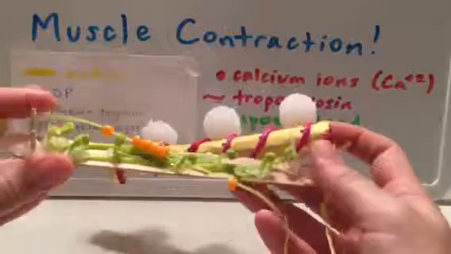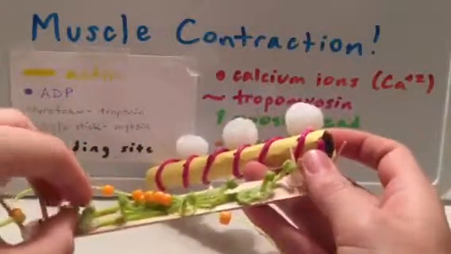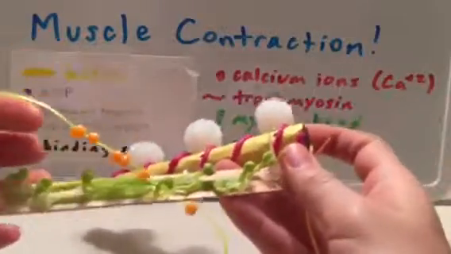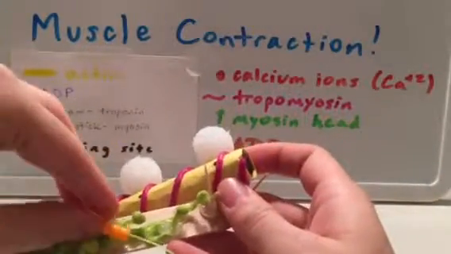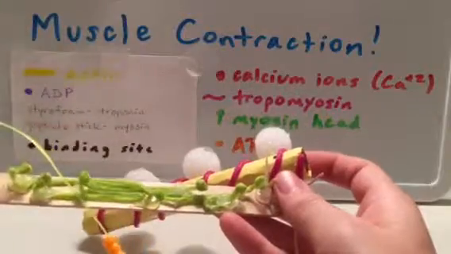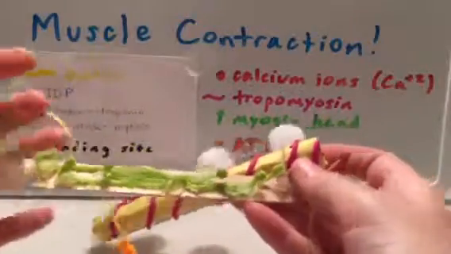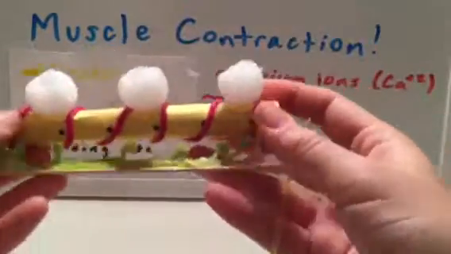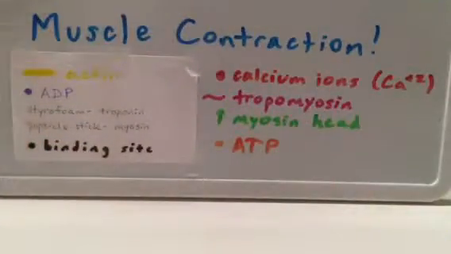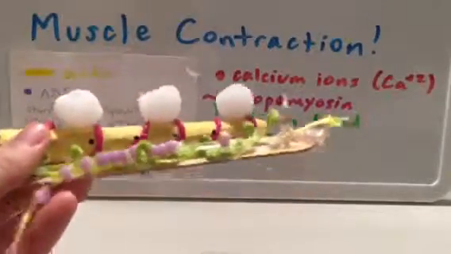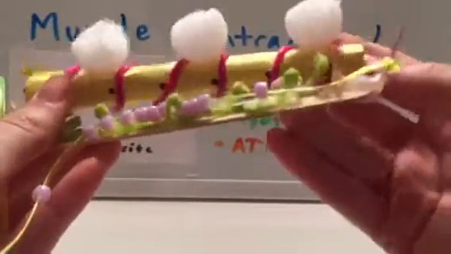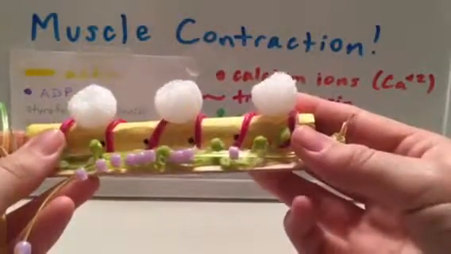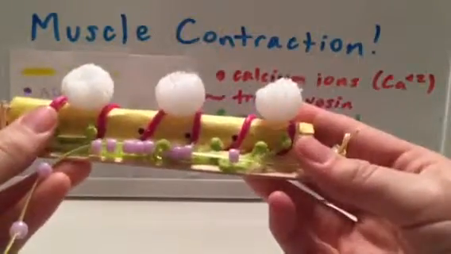So basically, that explains what happens during rigor mortis. When you die, you stop breathing, and so you stop making ATP. So if you have a muscle that's stuck like this, and there's just the ADP in there, then your muscle is going to stay contracted like this.